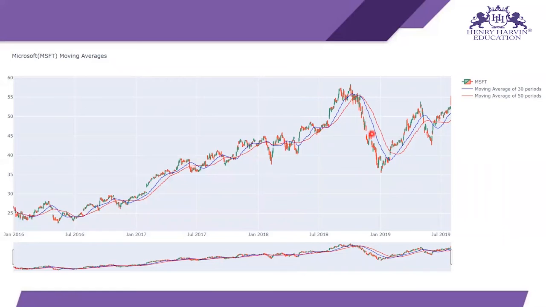This blue line is the moving average with a window of about 30, and this red moving average has a window of about 50. So this is the combined graph which contains the candlesticks and the moving averages with a window of 30 and a window of 50.